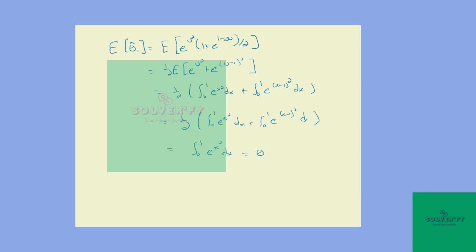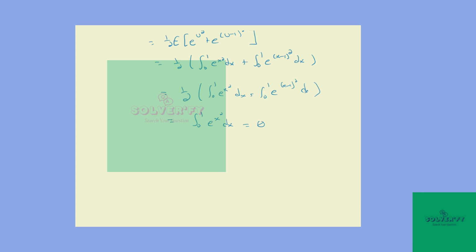The expected value of our second estimator would be equal to the integral from 0 to 1 of e to the x squared dx as well.